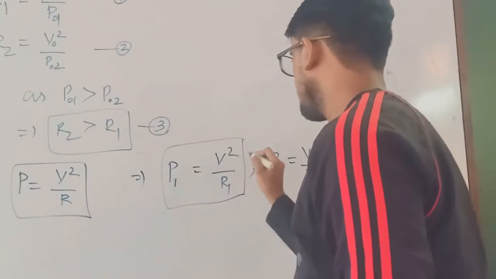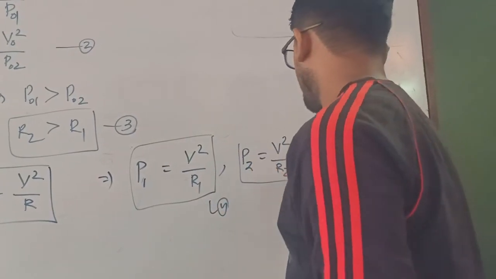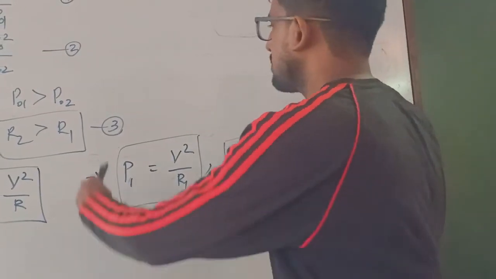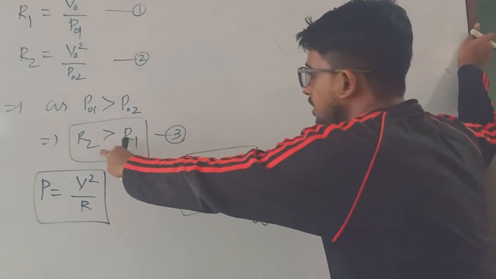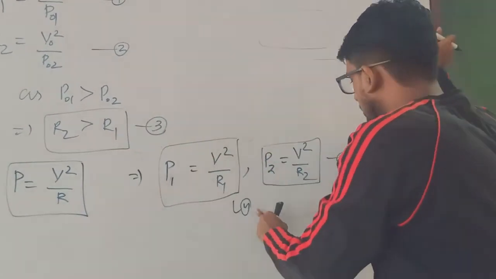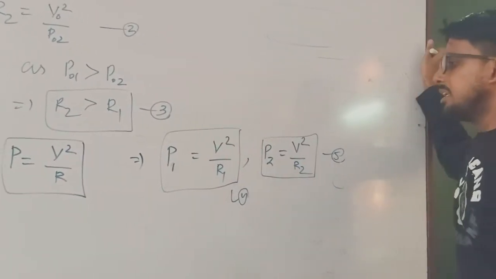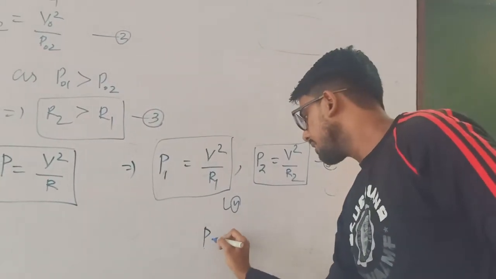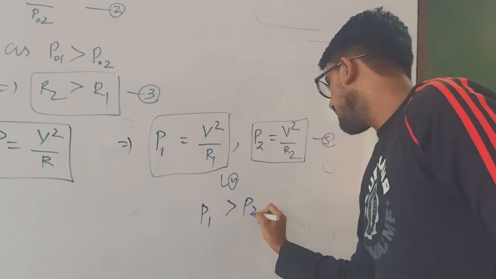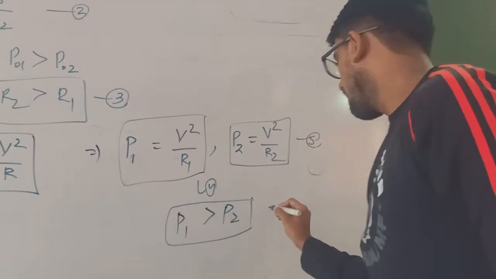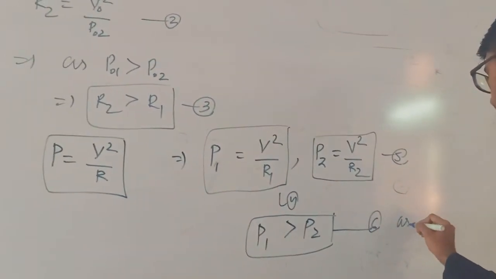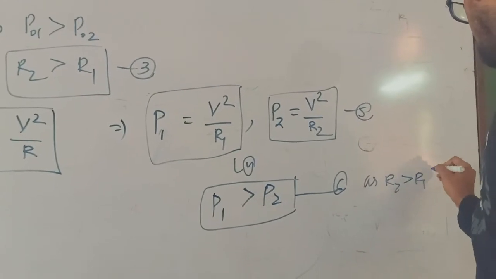Let it be equation 4, and this is equation 5. And as we already know from equation 3, R2 is greater than R1. So from 4 and 5, as R2 is greater than R1, we can easily conclude that P1 is greater than P2. Equation 6.